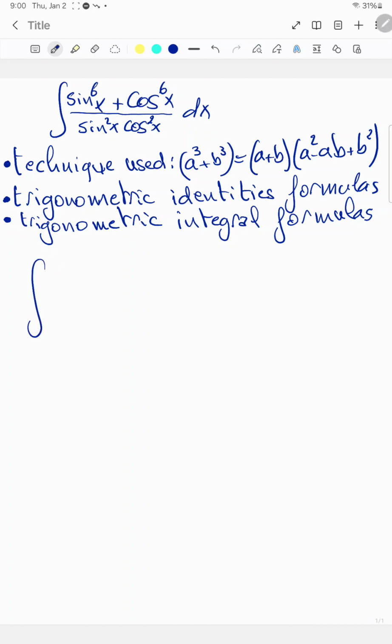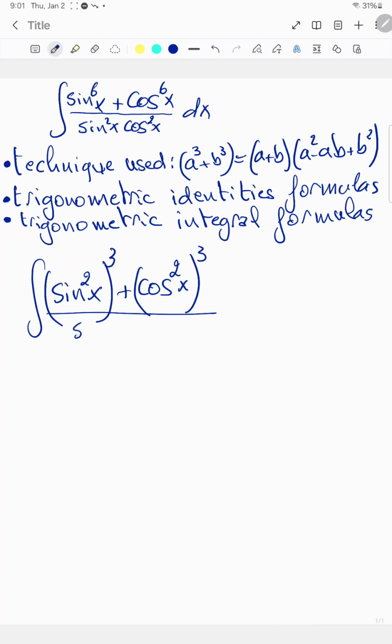My integral becomes sine to the power 2x, all to the power of 3, plus cosine to the power 2x, all to the power of 3, divided by sine to the power of 2x cosine to the power 2x dx. Again, sine to the power of 2 to the power of 3 is sine to the power 6 of x, and cosine to the power of 6 of x.